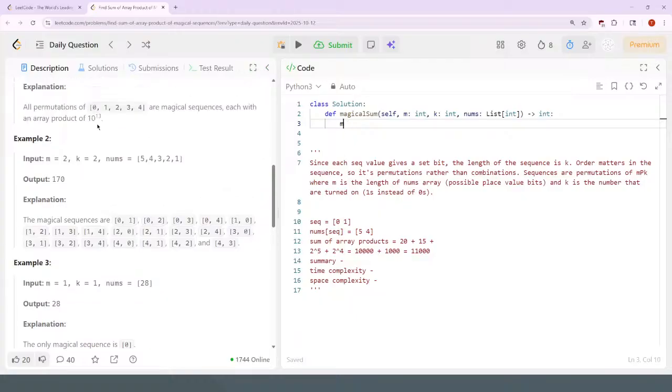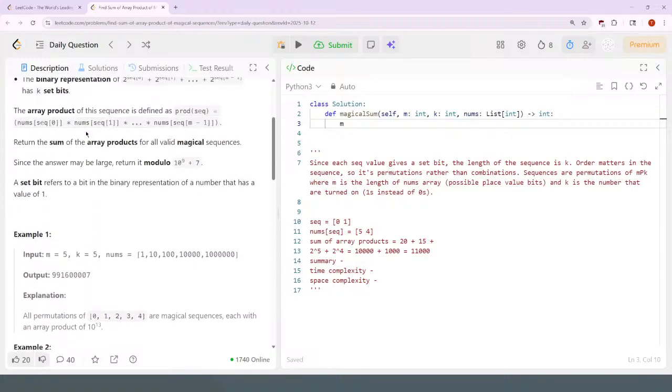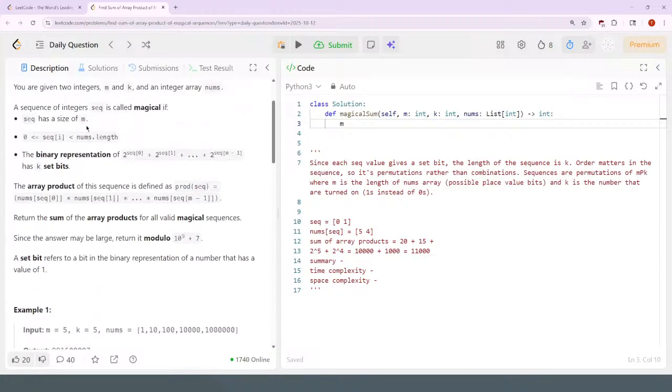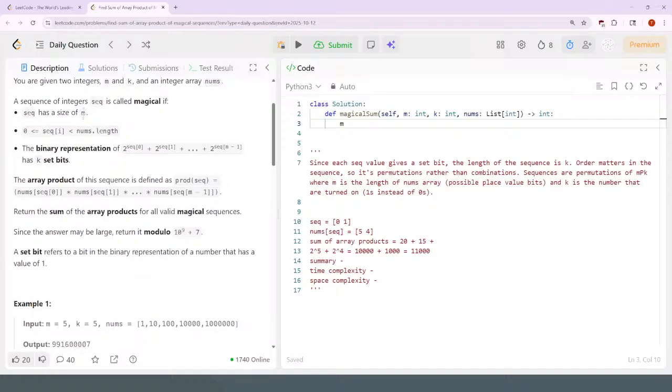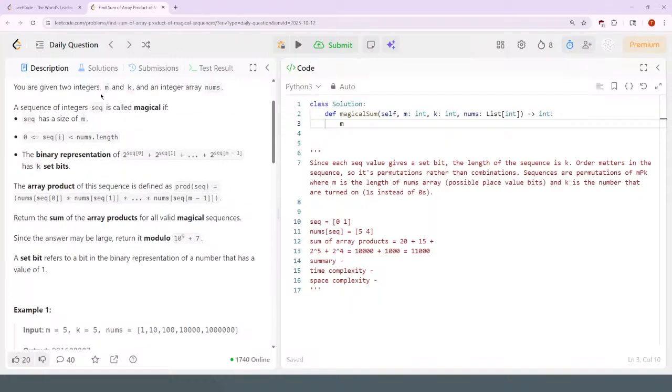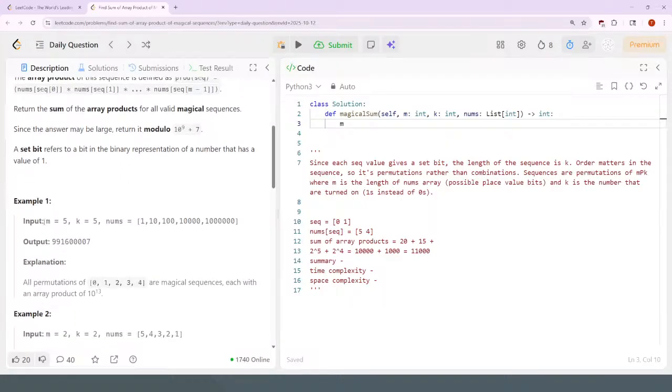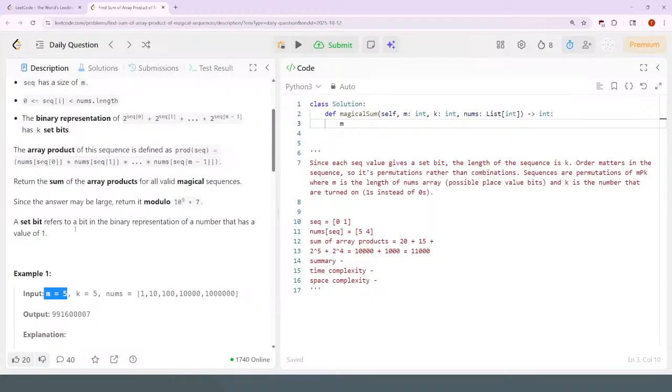And M is already used for... what is M used for actually? M is the size of the sequence. I'm kind of getting confused here. M is 5.